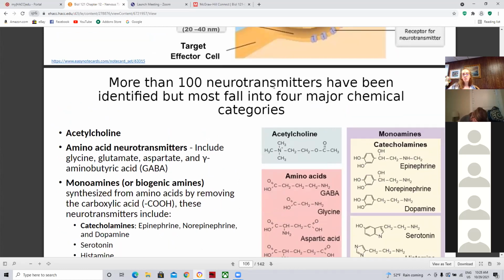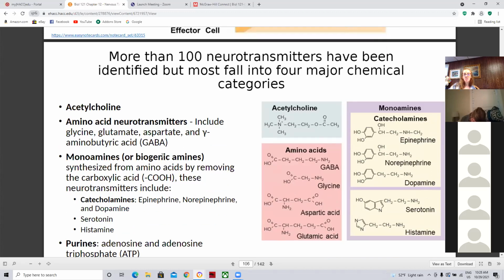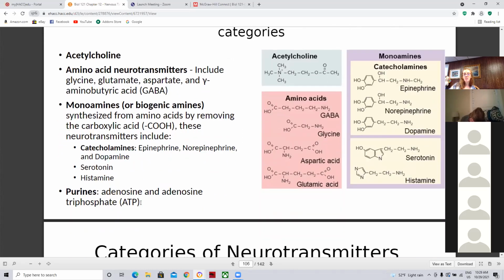There are more than 100 neurotransmitters that have been identified, but most fall into four major categories: acetylcholine, amino acid neurotransmitters, which include glycine, glutamate, aspartate, gamma amino butyric acid, or GABA, monoamines, which include the catecholamines, meaning epinephrine, norepinephrine and dopamine, serotonin and histamine, and purines, such as adenosine or adenosine triphosphate.